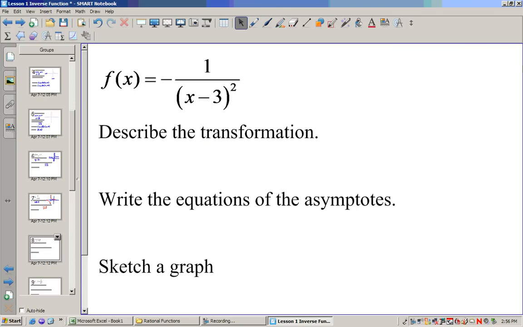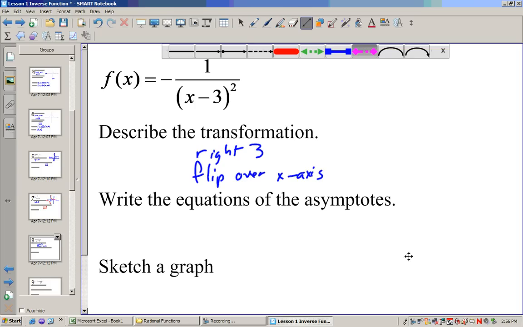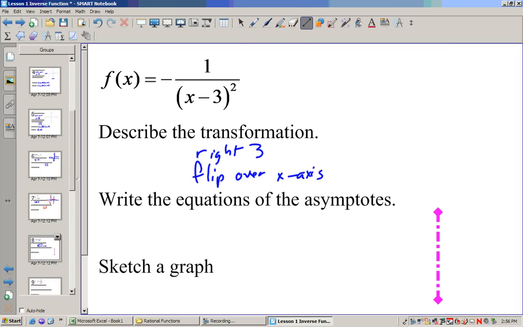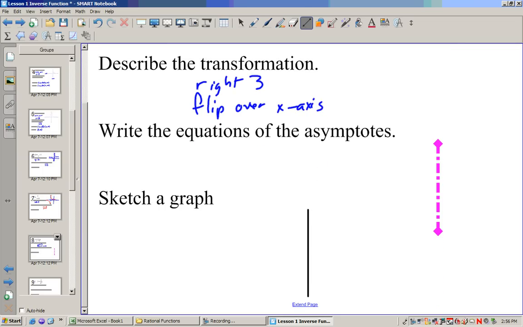All right, describe this transformation. The x plus 3 is going to move it to the right 3. That negative 1 is going to flip over the x-axis. So let's draw this. Now, first off, it's not the line I intended to draw. Second off, this is not a 1 over x graph.